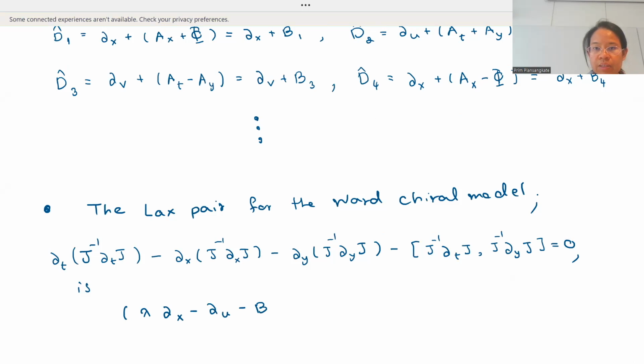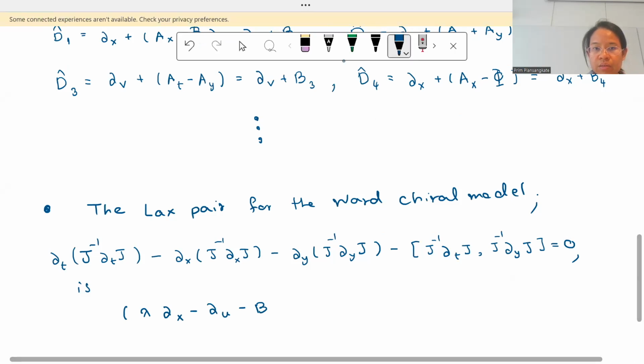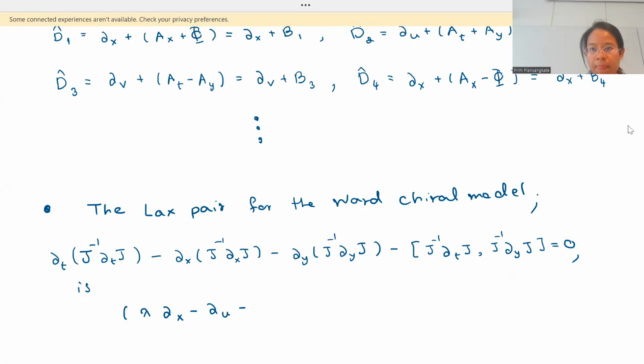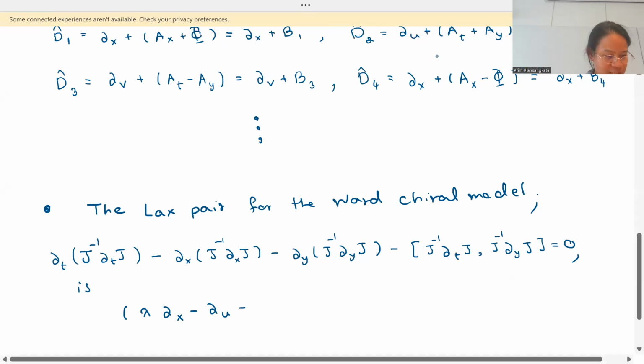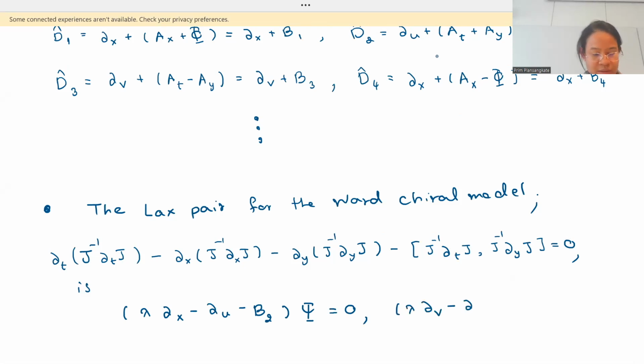Let me change this. I'm sorry, let me just use the same symbol in case I might refer to B2 and B4. Don't worry about 2 and 4, it comes from up there.